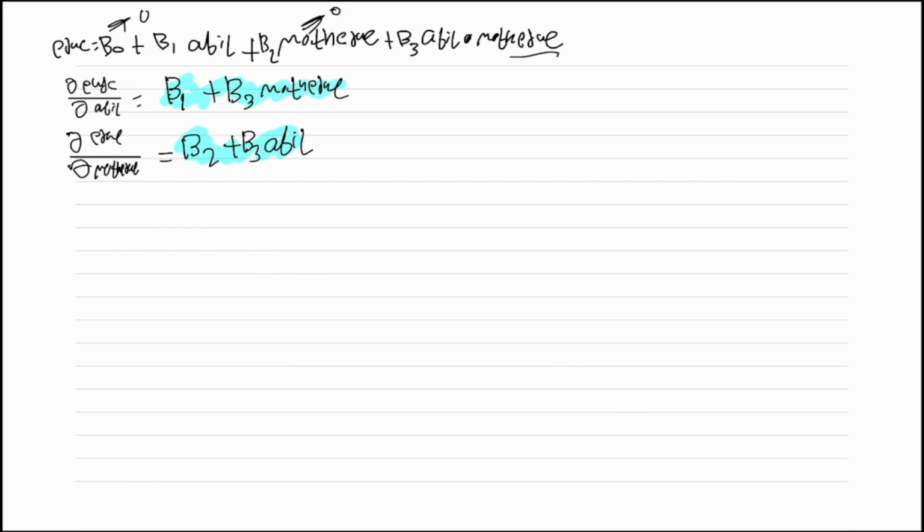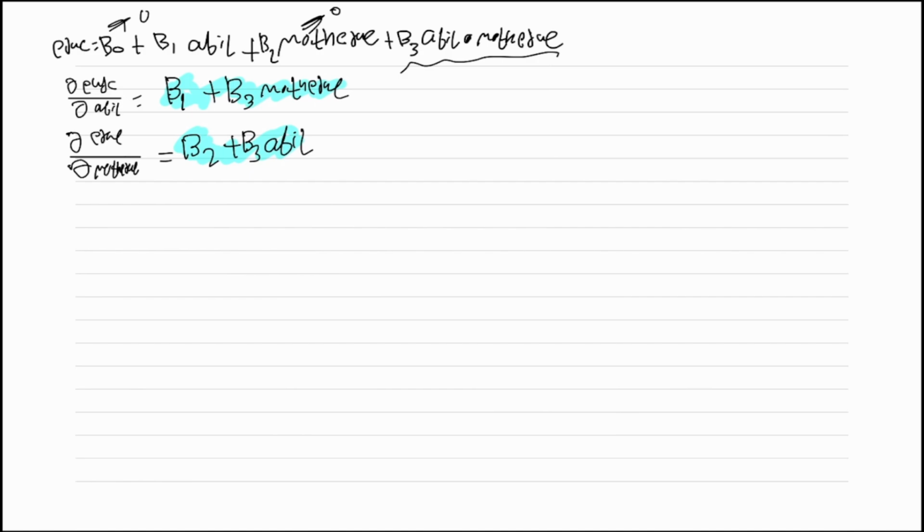So we have ability here, and we know that the derivative of 5x is what? The constant, only 5. So let's take ability first. For ability, it will remain beta 1. And for mother education, it will be 0.